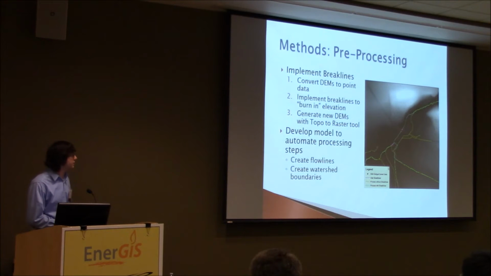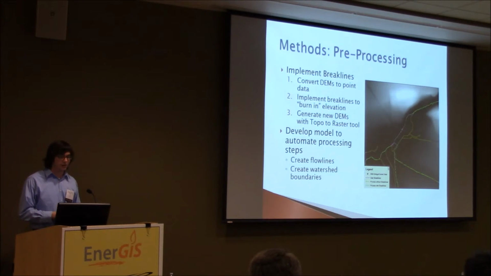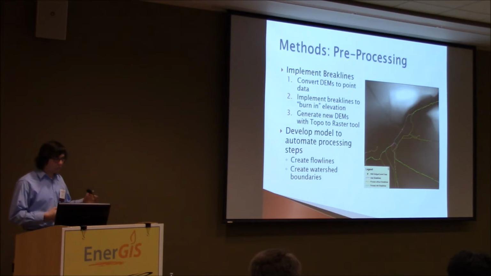So some pre-processing steps that we wanted to do just for the DEM, before putting it through a model and creating the final flow lines, was to implement a break line. So the yellow line represents where the process was just made from the DEM itself, no break lines were implemented. But we noticed that it was following road features, not going under bridges, not taking any culverts into consideration.